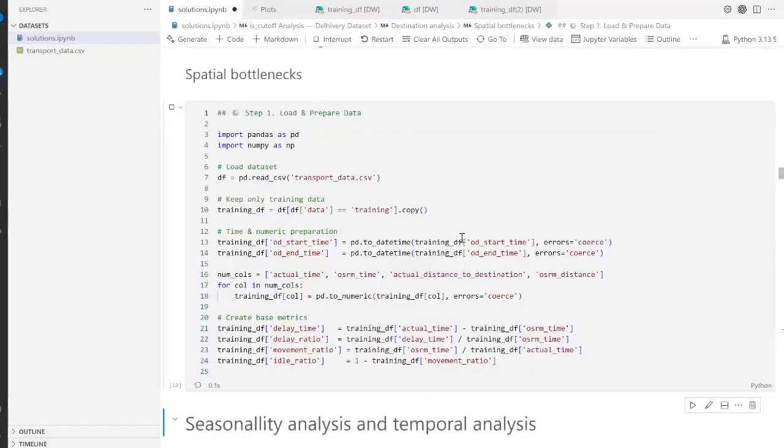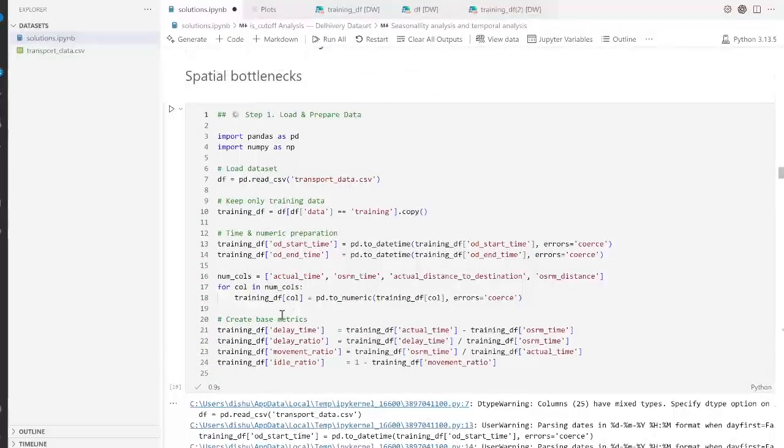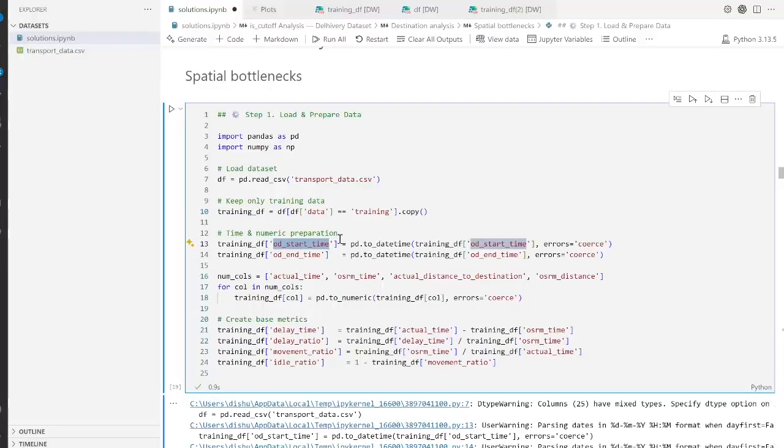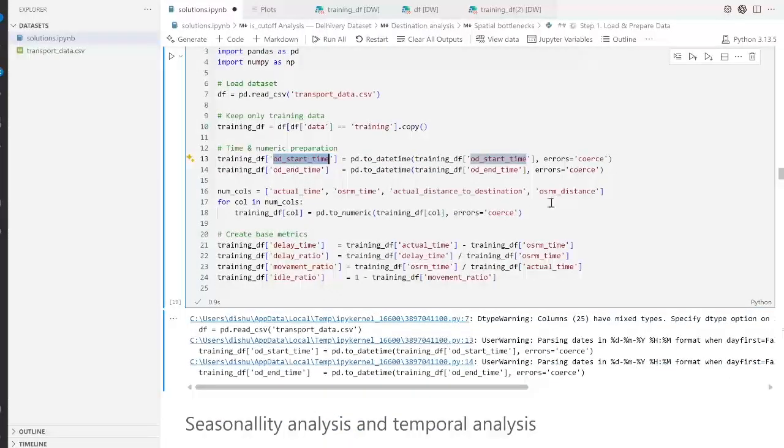Okay. So over here, the base metrics, all these we had, doing the same transformation that we did before, converting into date time, and making sure that these factors are numeric. The metric that we are going to engineer is the delay time, and logically this should be the actual time minus the reference time.